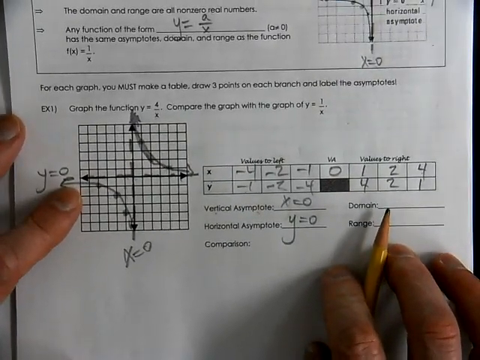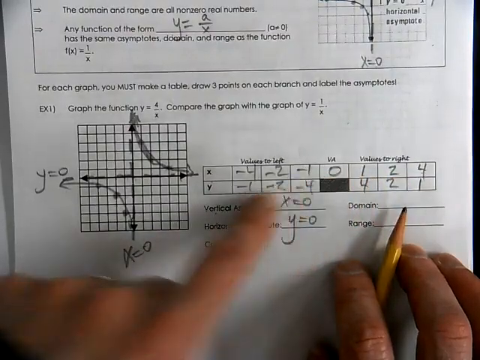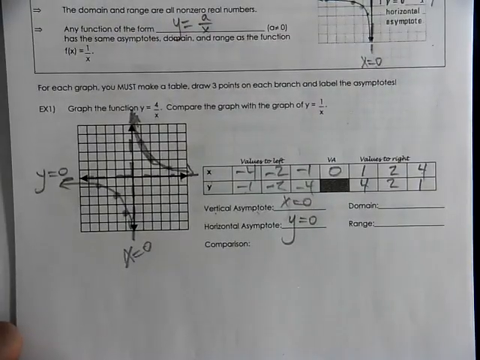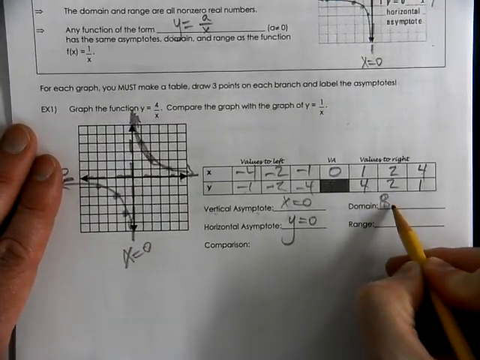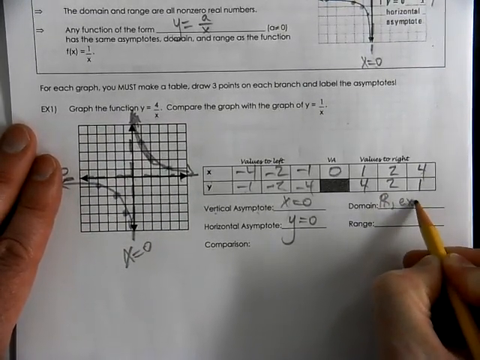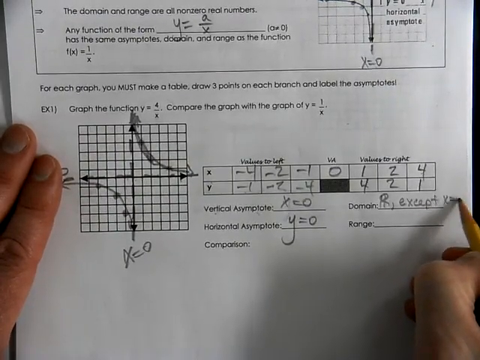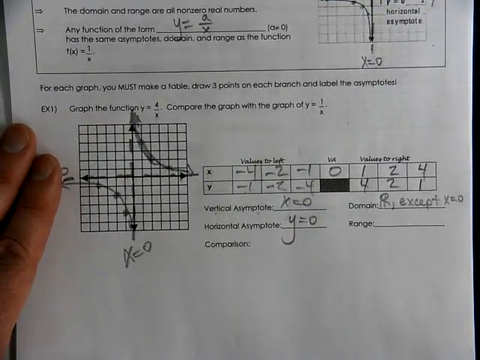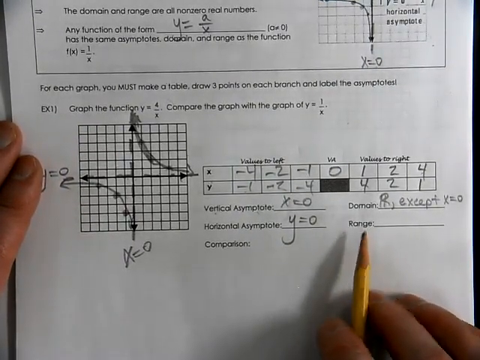What's my domain? What x values could we possibly have typed in here, done a calculation with? Yeah, all real numbers except x equals 0. What answers could we get? What y values? What's the range?